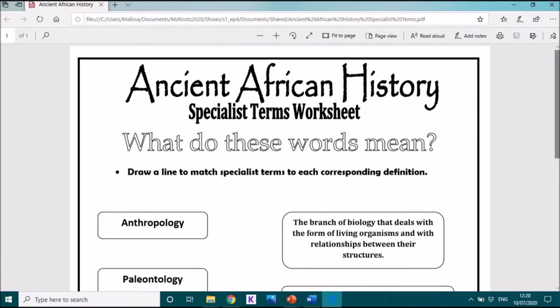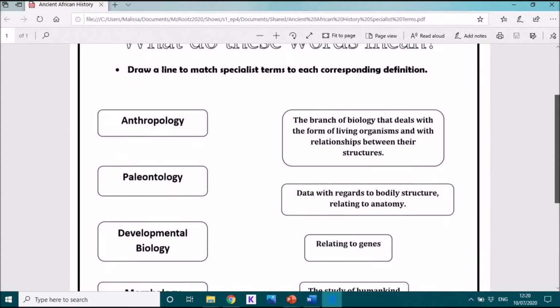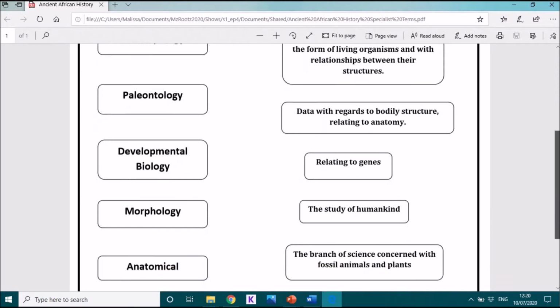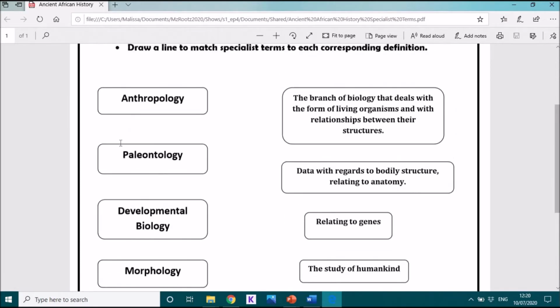So please download. If you don't know the answers, use a dictionary, use the internet to clarify, and you draw a line from the key term to its definition.